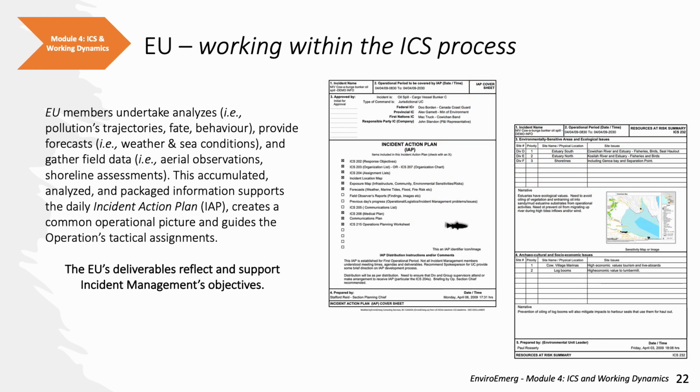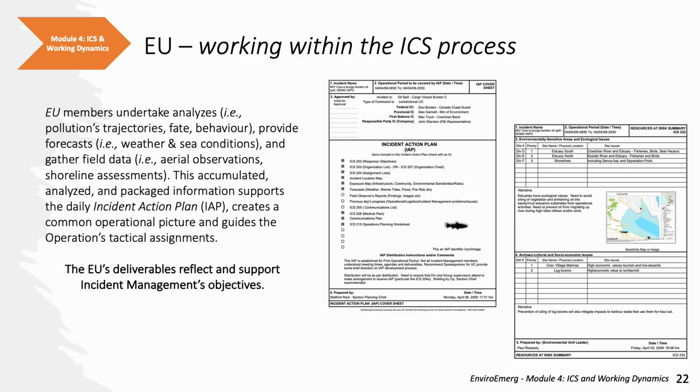As the environmental unit members are working within the ICS process and organization, it's important they actually have incident command system training, at least up to the ICS 300 intermediate level. Environmental members undertake analysis such as pollution trajectories, fate, and behavior, provide forecasts such as on weather and sea conditions, and gather field data from aerial observations and shoreline assessments.